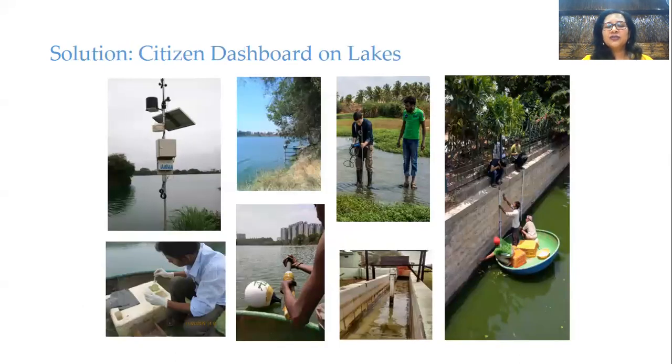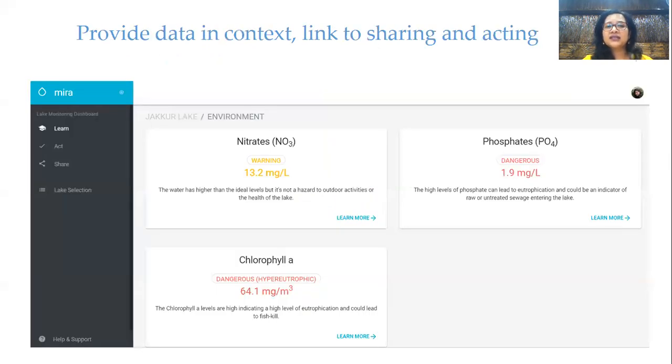These are a few pictures from the site. Managing water quality using Internet of Things and real-time sensors is a very tedious task. But when we use citizen science, we were able to provide data in context.